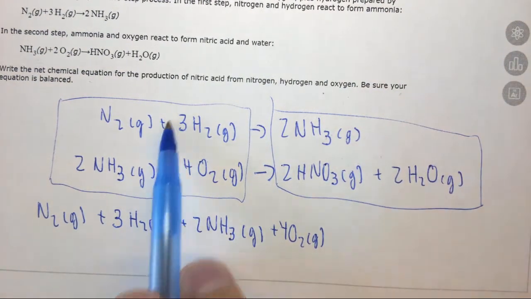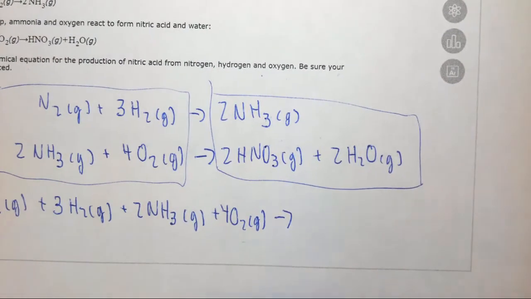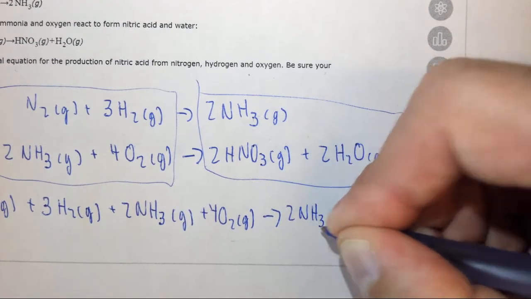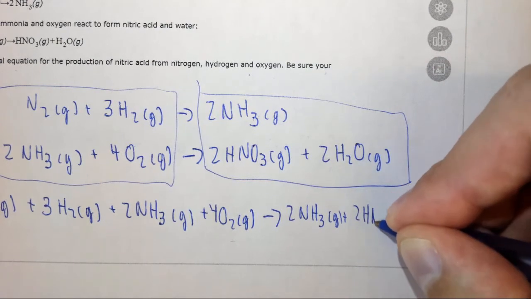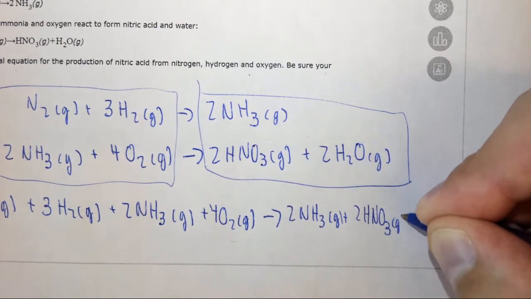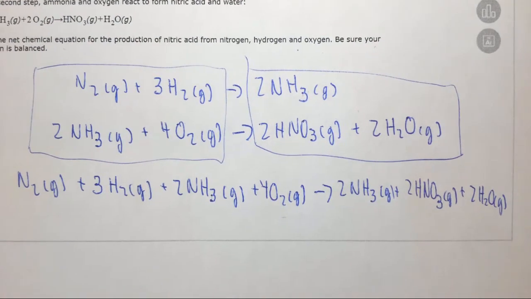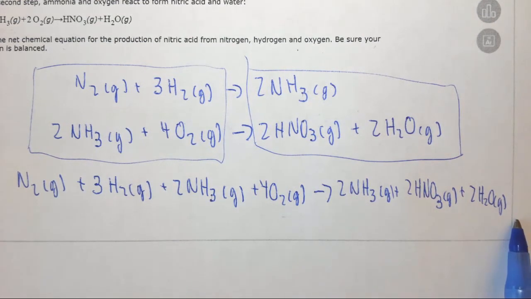So I just added all these things on the reactant side, yields. Now I want to add everything else on the product side, 2NH3 gas plus 2HNO3 gas plus 2H2O gas. So now I've written everything on the reactant side in a single reactant side, everything on a product side in a single product side. This is how you add chemical equations together.